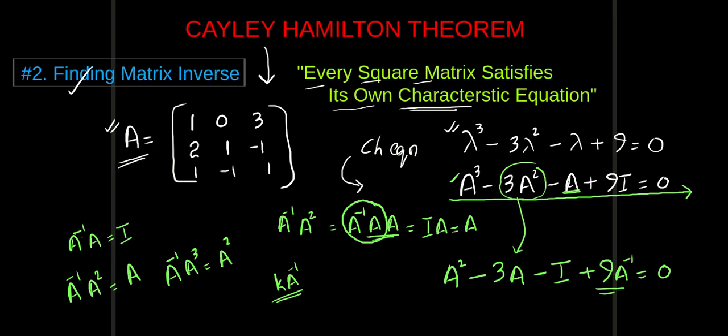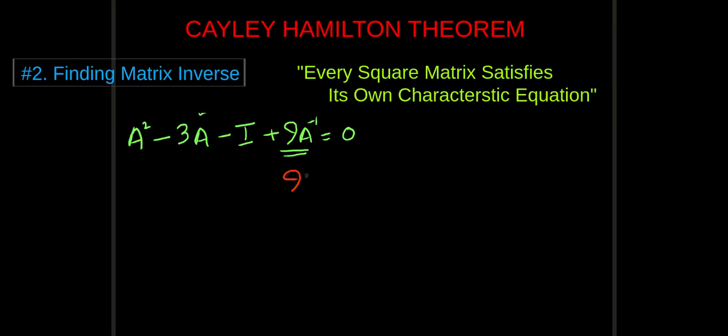Now, what are we trying to find? Read the question. Yeah, the matrix inverse. That means we are going to write 9A inverse, or we are going to keep this on the left side, and we will take all the other quantities to the right.